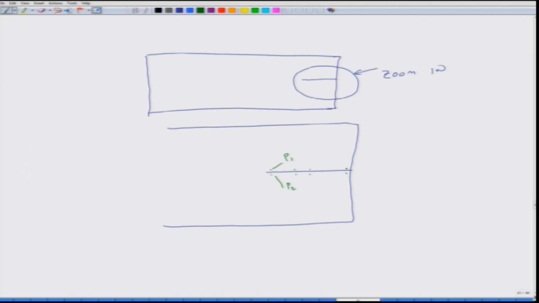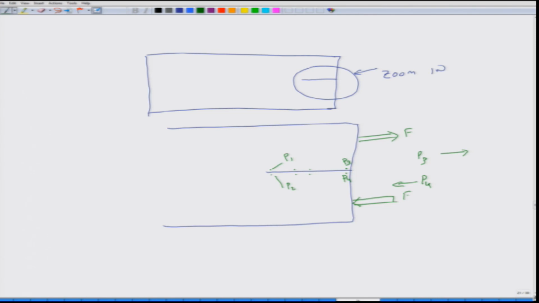So, let us say this is P3, this is P4, and suppose I am applying a force at this location, pulling it here and pushing it in this part. What will happen in reality is that P3 will move in this direction and point P4 will move in this direction, based on the physical understanding of the situation.